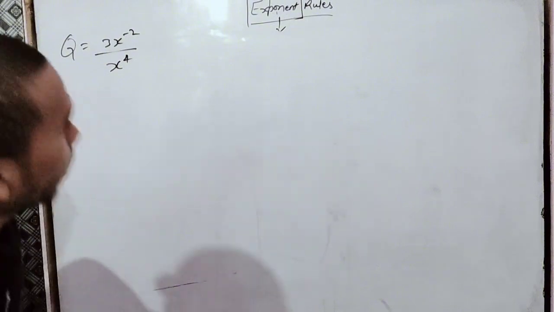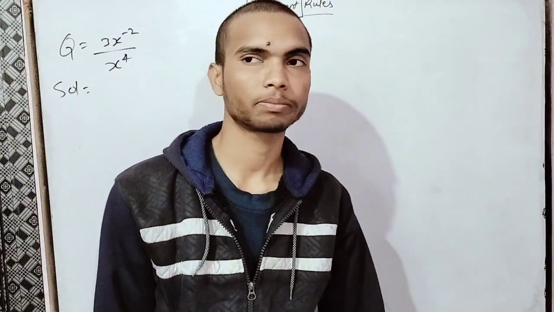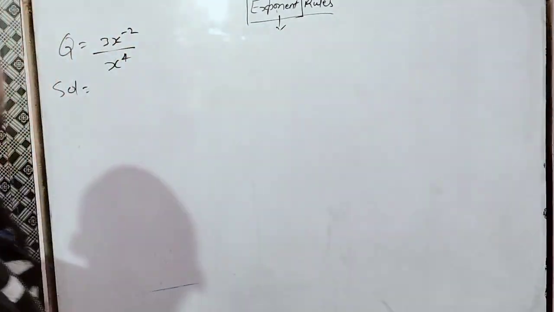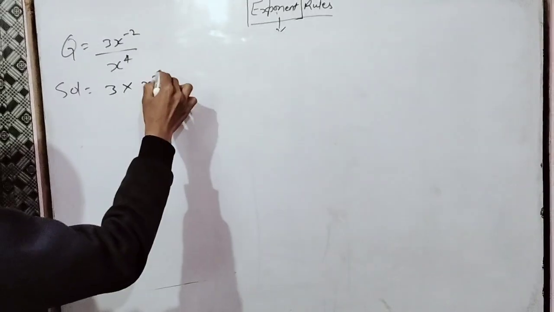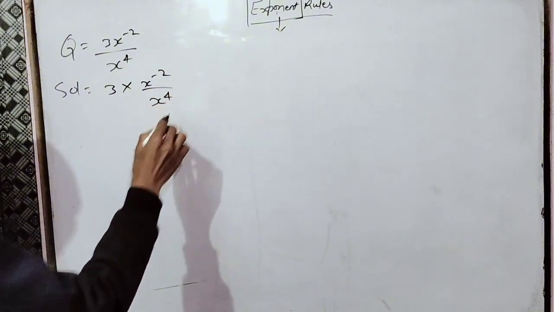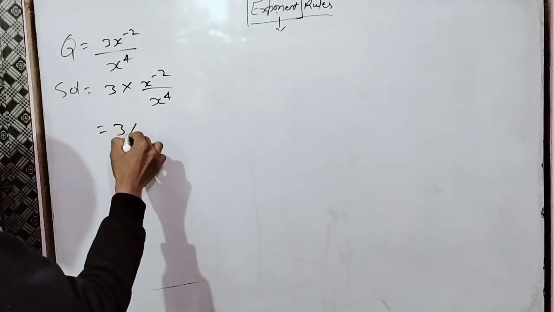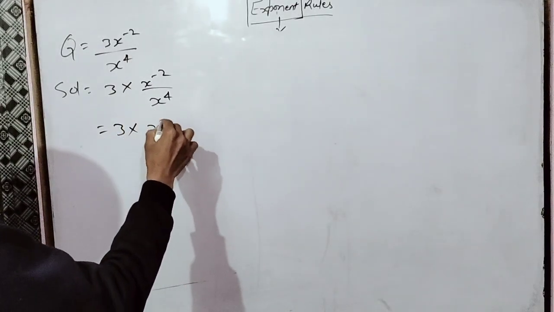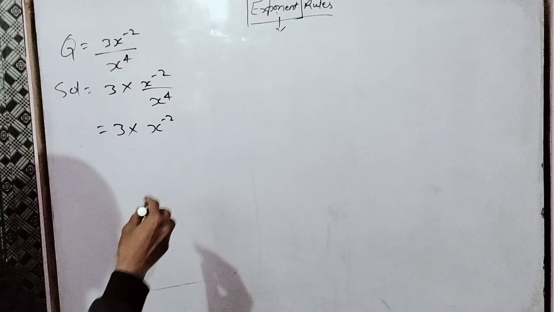Just have a look. It can be simplified. Here we are looking at whether we can write it like that. Here we can apply the quotient rule. The base is the same, so we will subtract our exponents like that.